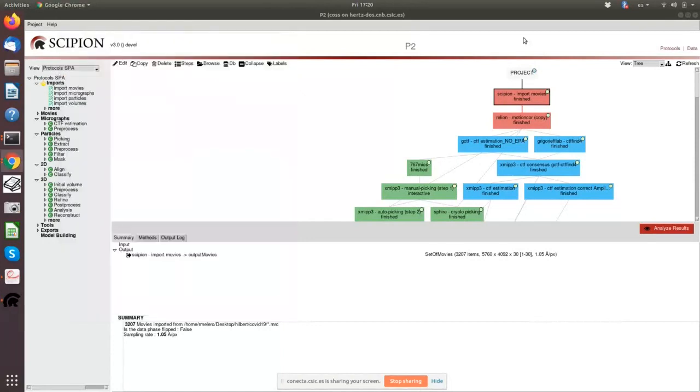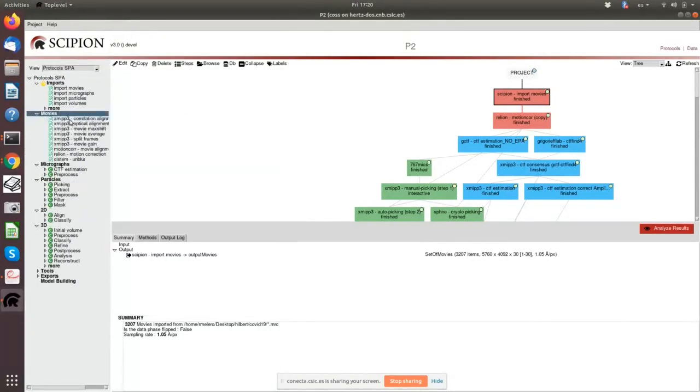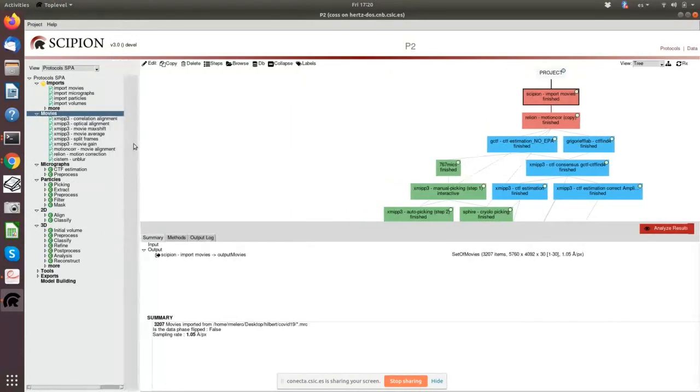Okay, so you import your movies, and then you go to movie alignment, and here you would have all the possibilities. I don't have all the plugins installed, so I just have a few. For instance, MotionCor2 is not appearing here because we run it on some other machine.